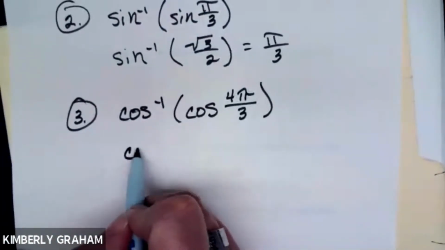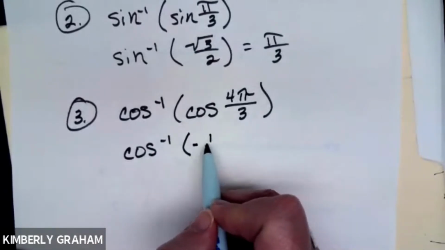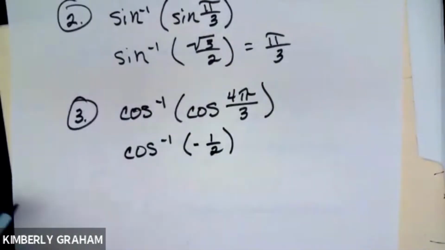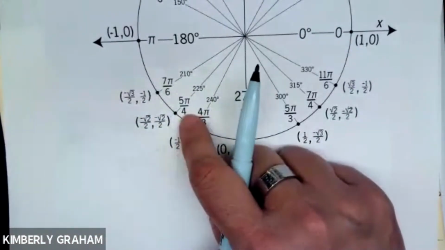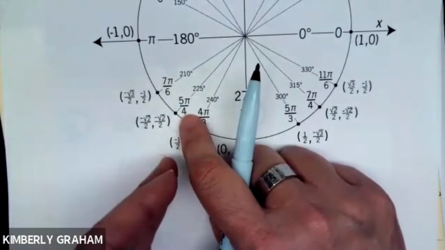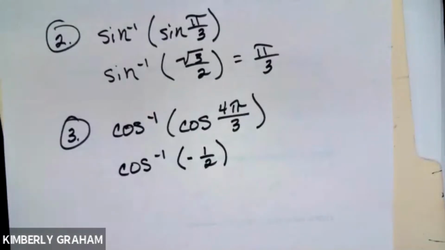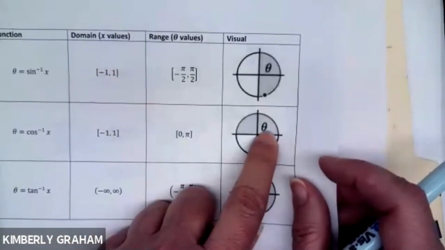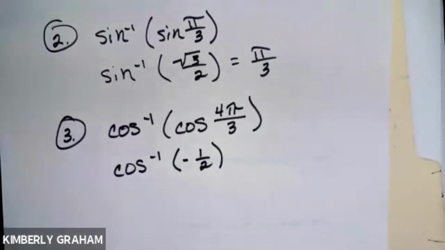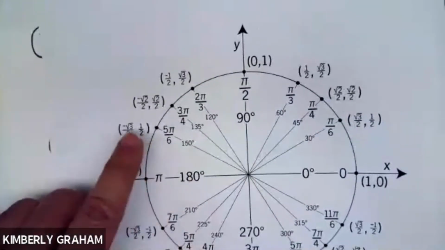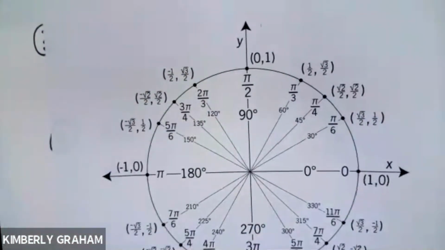So I want to find the cosine inverse of -1/2. Now, right now I'm down here in quadrant 3, but cosine inverse is not in quadrant 3. I remember that with inverse cosine, I'm restricted to quadrants 1 and 2. So I need to find a negative 1/2 here in quadrant 2 that's going to match up with what I need. Does that make sense?